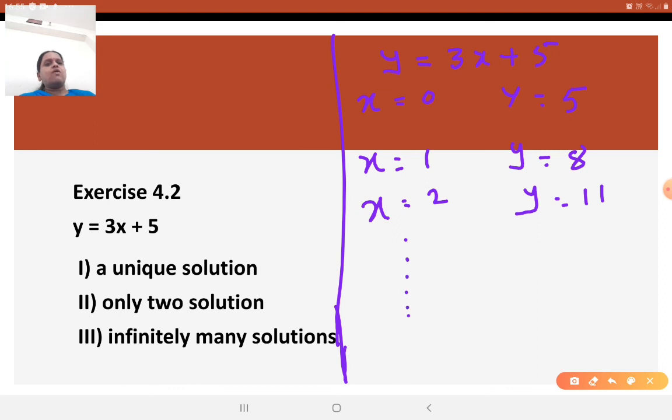If I go on taking different x values, x equal to 1, 2, 3, 4, infinitely many x values, similarly I will get infinitely many y values when I substitute the x values in the given equation. That means these values satisfy the given equation.